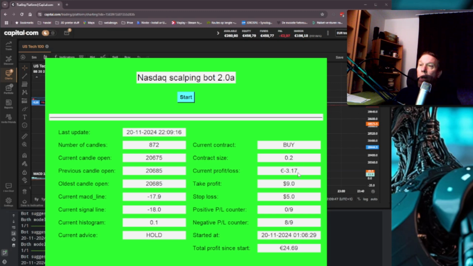The current profit loss is minus 317, and still we have a profit of almost 25 euros today. And I see a negative counter here, 8 of 9. So I expect that those 3 euro and 17 will be gone in a minute or so. We shall see. There it is.